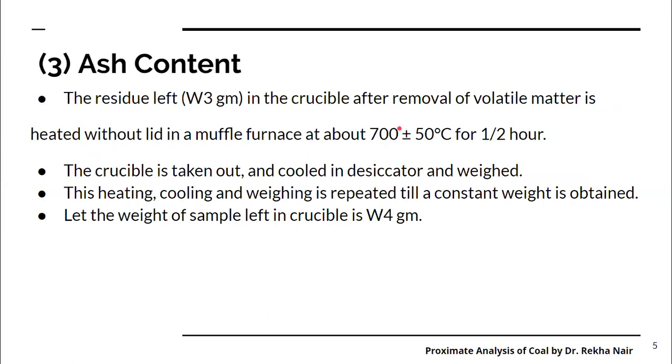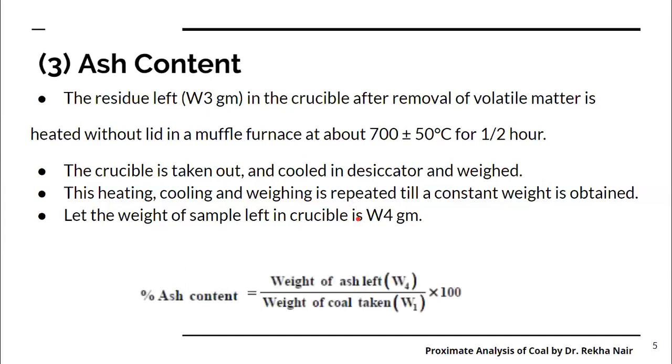At this temperature, the residue left will be nothing but the ash content. The crucible is taken out, cooled in a desiccator, and weighed. This heating, cooling and weighing is repeated until we get a constant weight. Suppose the weight of the ash left in the crucible is W4 gram.